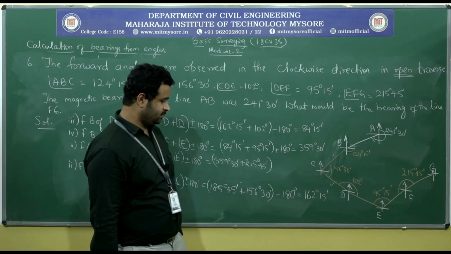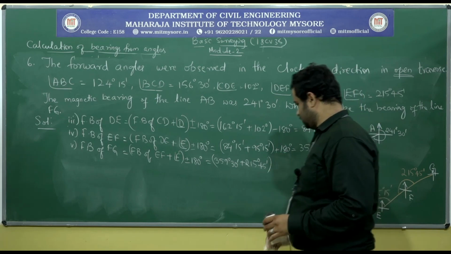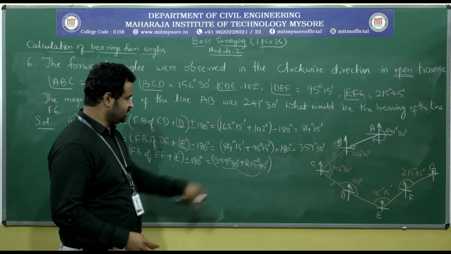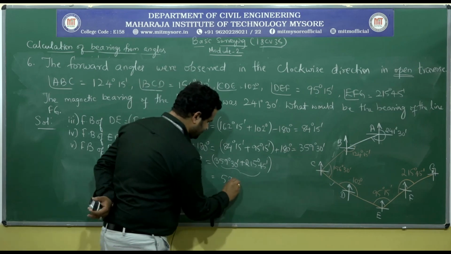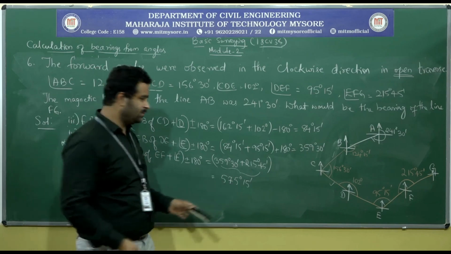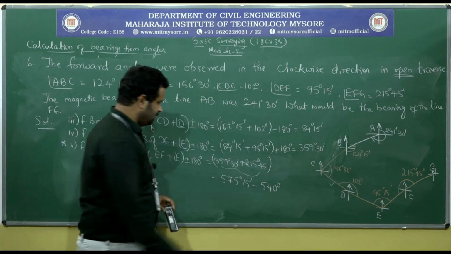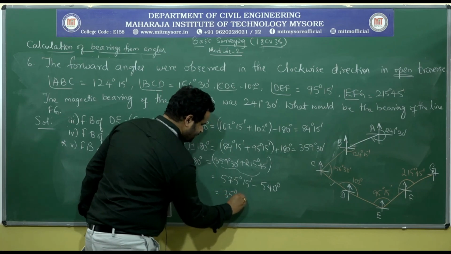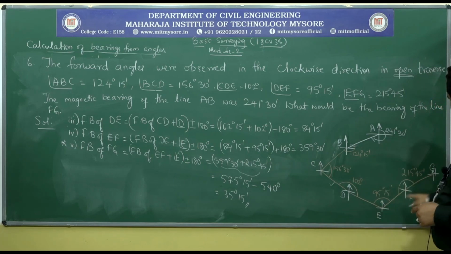You will get more than 180. In this case, if you add up, you are going to get more than 540, so deduct 540 from it. In this particular case, you should take it as 575 degrees 15 minutes. The next step is you have to deduct the obtained value from 540 degrees, that is equal to how much? 35 degree 15 minutes. The bearing of the line FG is 35 degree 15 minutes.